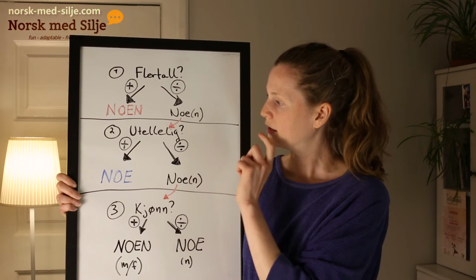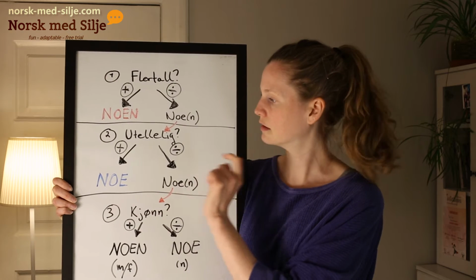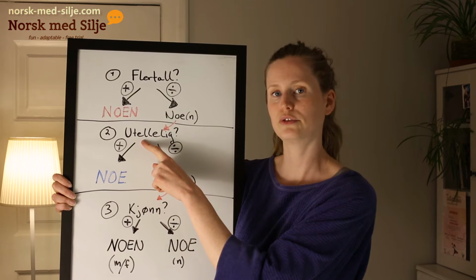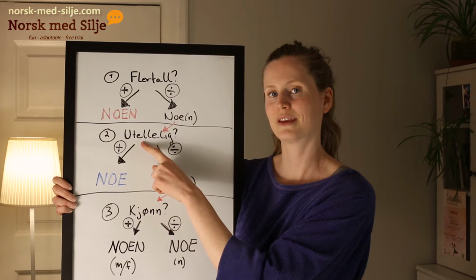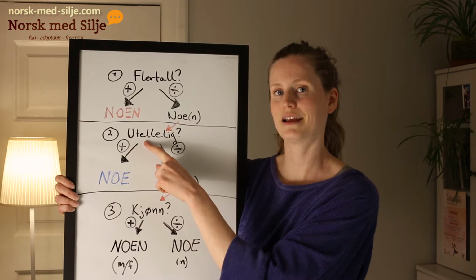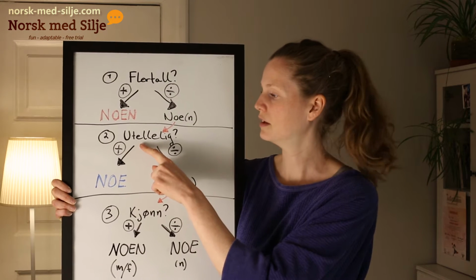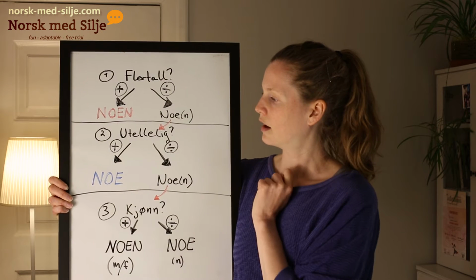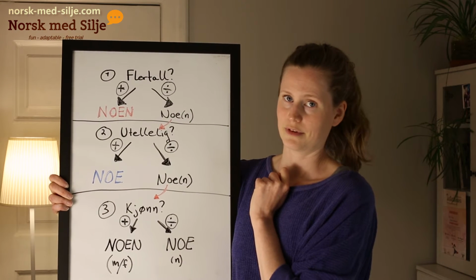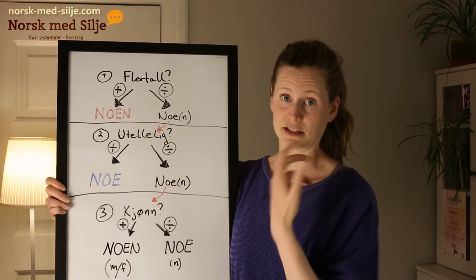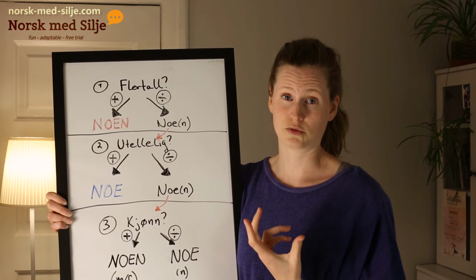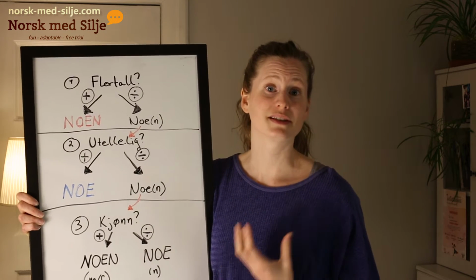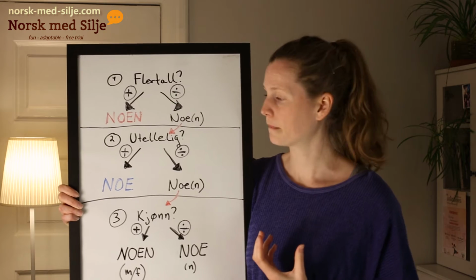Okay? The next question to ask is, is it utellelig? Utellelig. Telle means to count. So is it uncountable? If the answer is yes, it is not something that I can count, which means that I will always use the singular form, right?